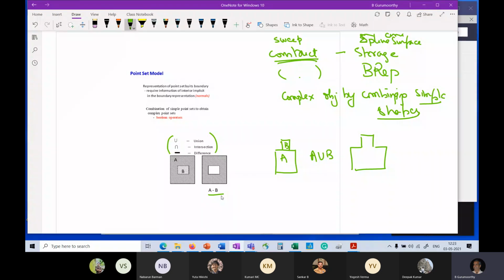So you have seen the example of the difference, and you've seen the example of the union, and we can draw up an example for intersection, but we will see one slightly later. So the basic idea behind providing a better way to construct the boundary representation is that we allow the user to pick simple point sets for which the boundary representation is already known, and we allow the user to combine them to get more complex shapes.